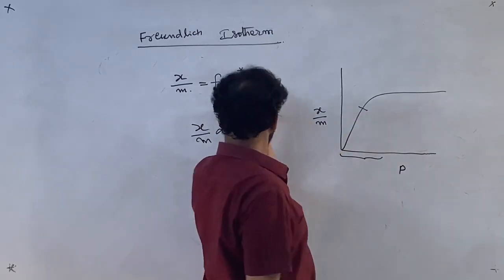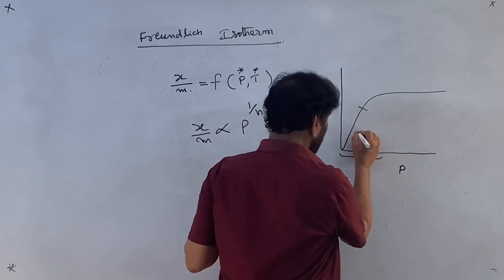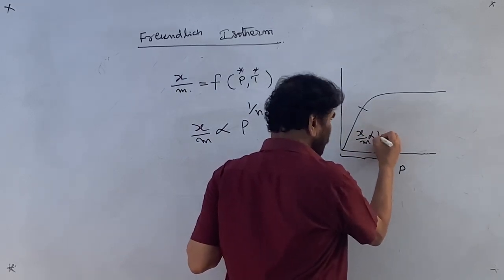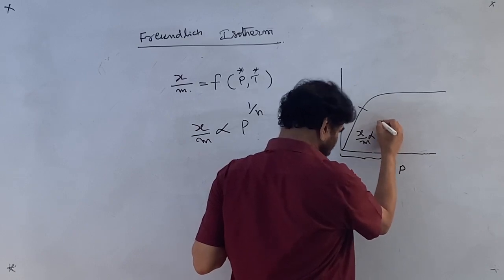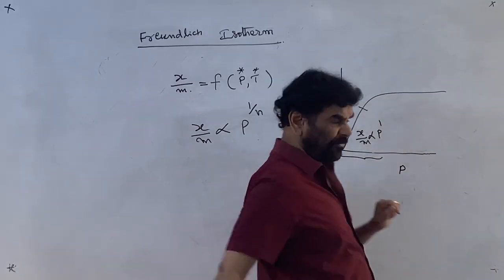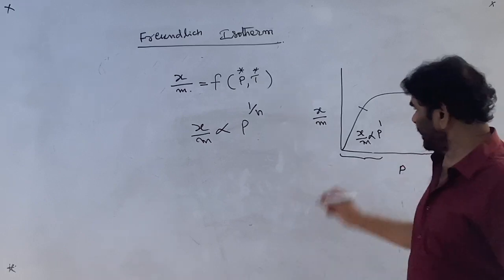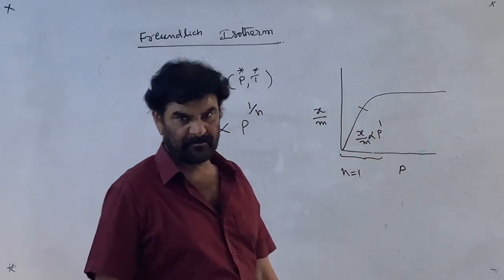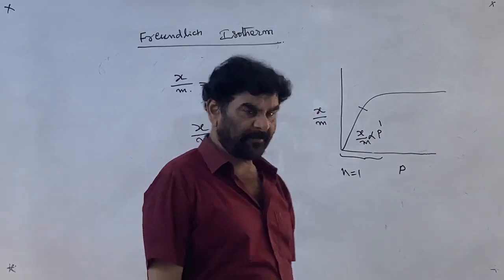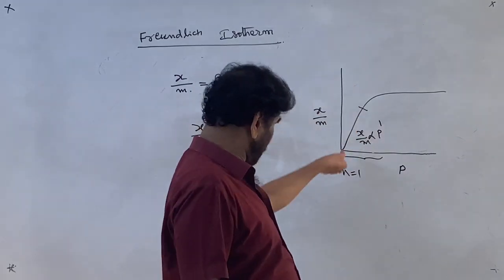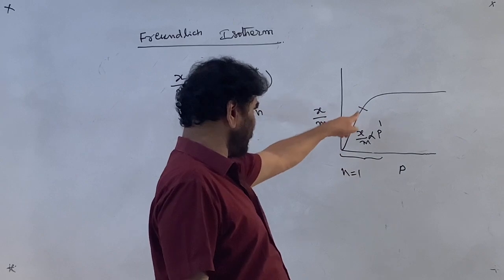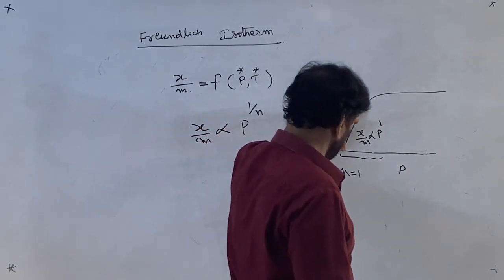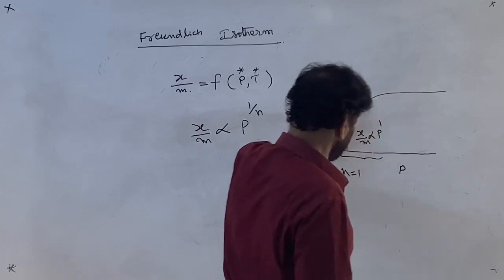So here this expression becomes x by m is proportional to p raised to the power of 1 by n. This is raised to the power of 1. That is, in this region n is equal to 1, first order. According to the shape of the curve, under low pressure conditions, it is obeying this expression.